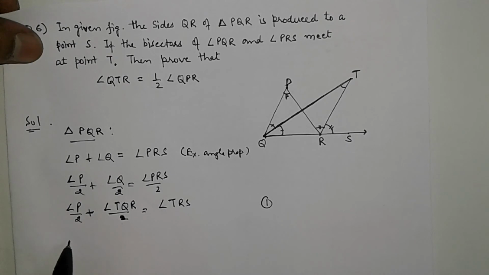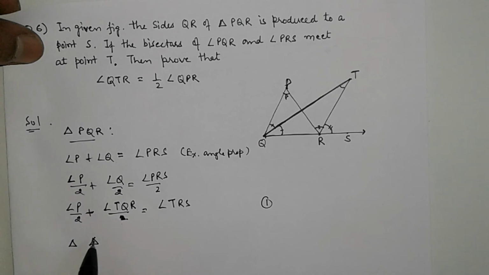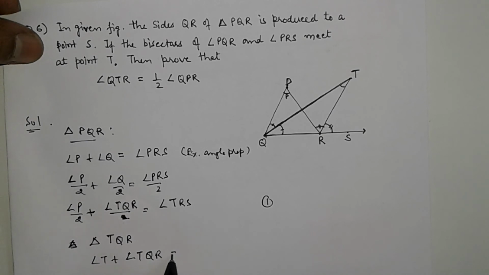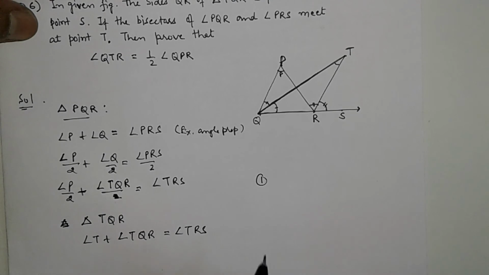Now take triangle TQR. In this triangle TQR, angle T plus angle TQR is equal to angle TRS, again by the exterior angle property.